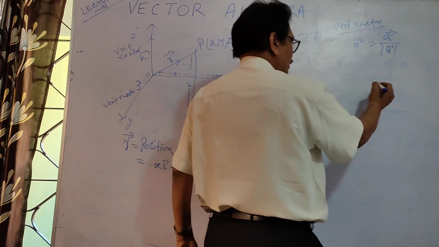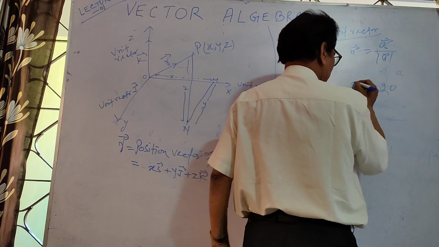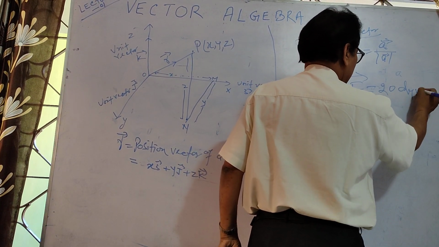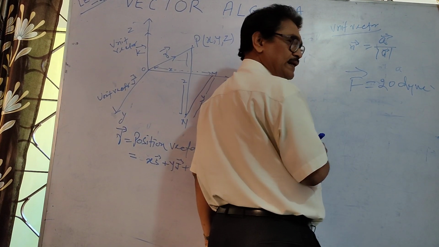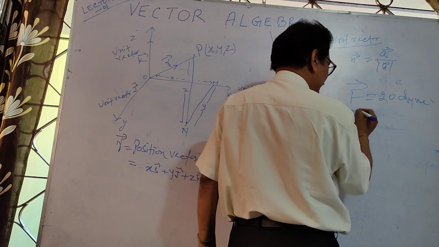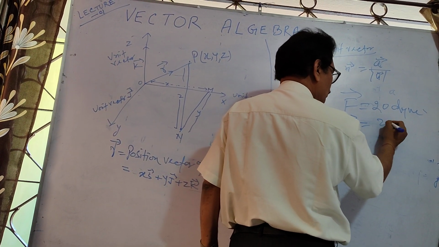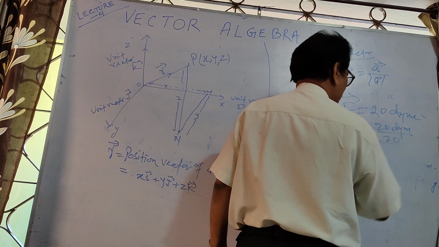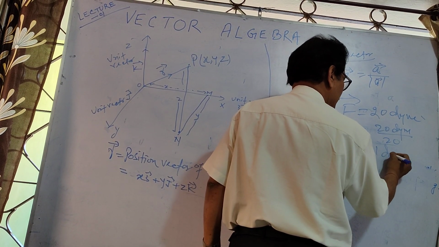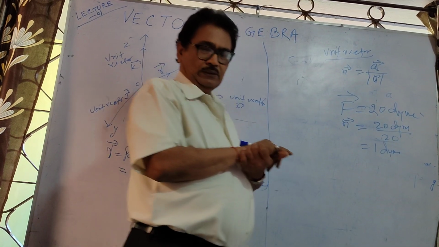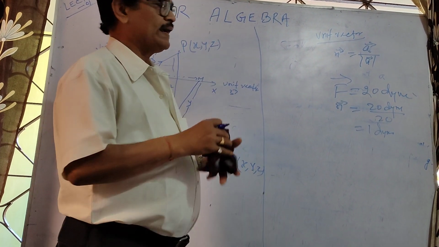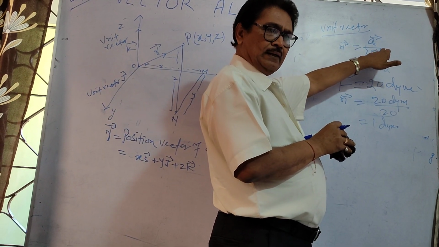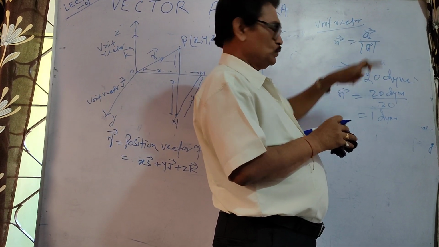If 20 times force is there, then unit vector along this force is equal to 20 dyne upon 20, that is 1 dyne. So any unit vector can be written as the vector divided by its magnitude.